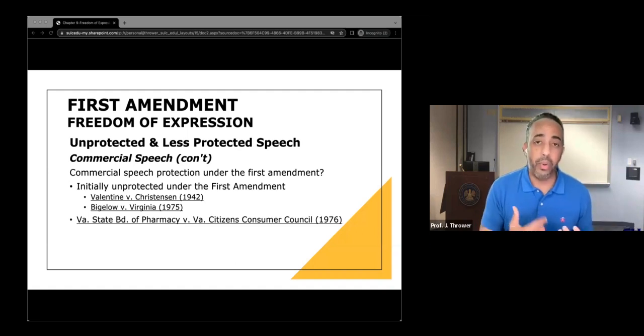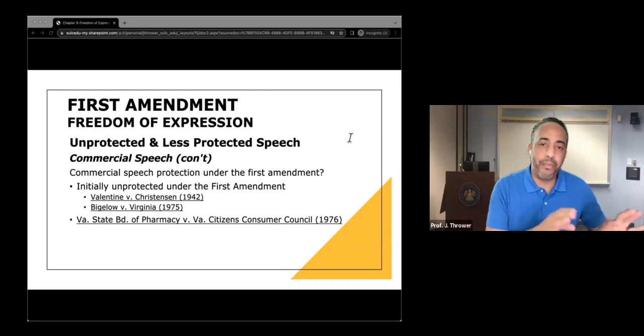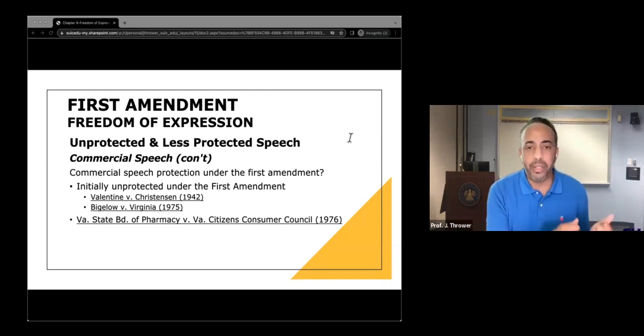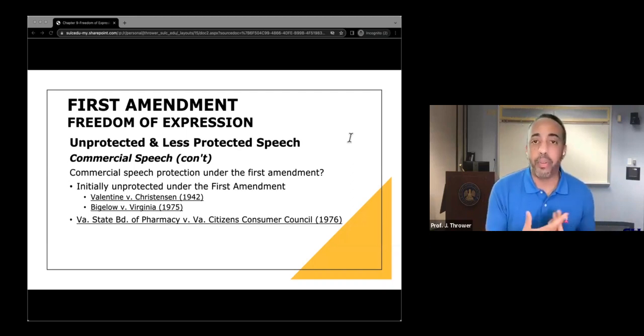And so the issue that the court considered in this particular case was whether commercial speech has First Amendment protection such that a state may not ban certain commercial speech, i.e., advertising of prescription drugs.